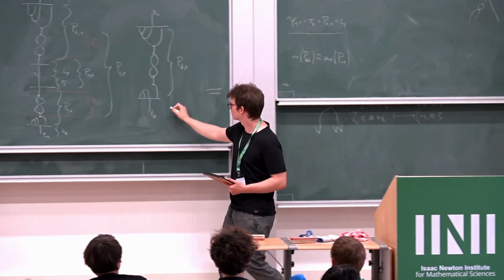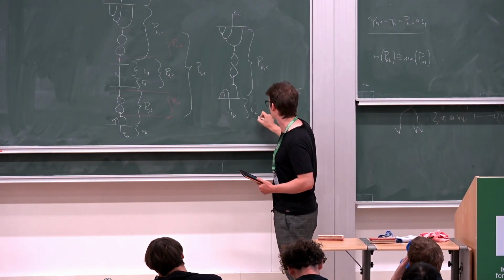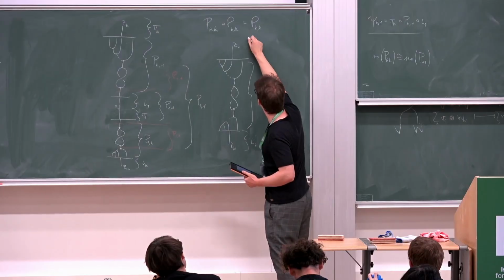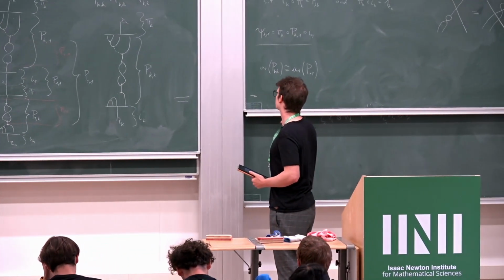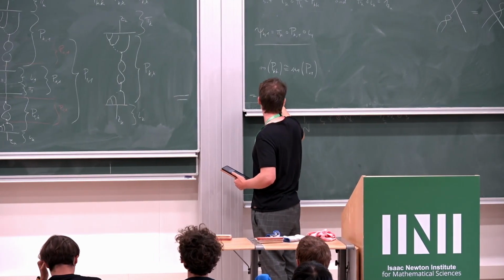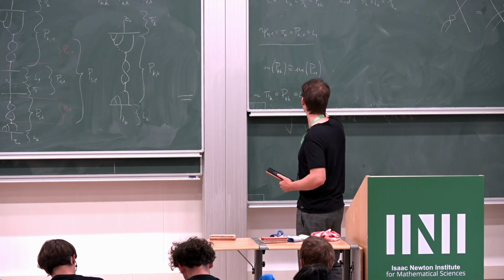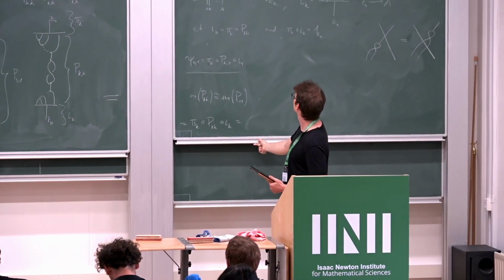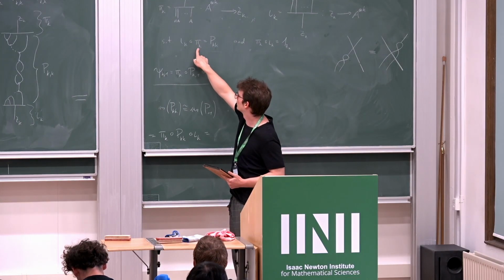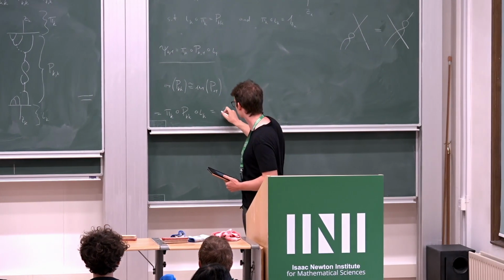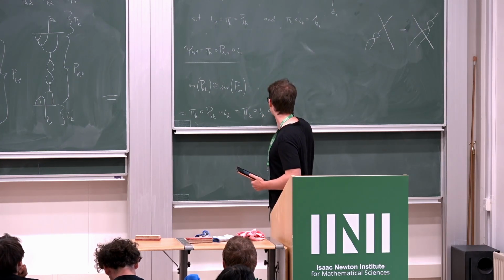This is first iota k, then pkk, and then pi k. But since we know pkk is just equal to iota k after pi k, we can rewrite this like this.